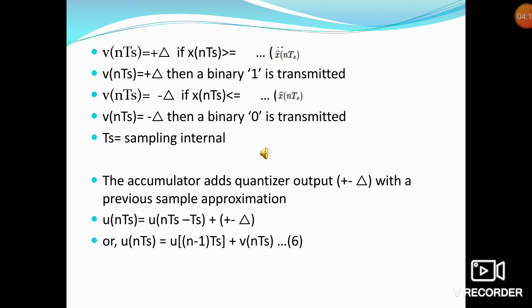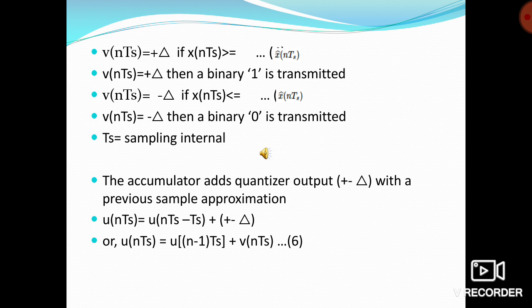In other words, if x(nTs) is greater than or equal to x^(nTs), then v(nTs) is equal to plus del, and if x(nTs) is less than x^(nTs), then v(nTs) is equal to minus del. Also, if v(nTs) is equal to plus del, then a binary 1 is transmitted, and if v(nTs) is equal to minus del, then a binary 0 is transmitted.